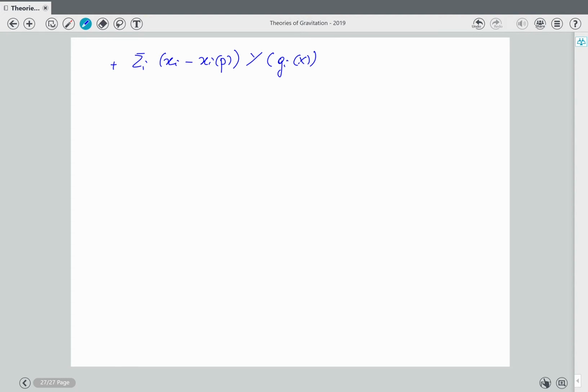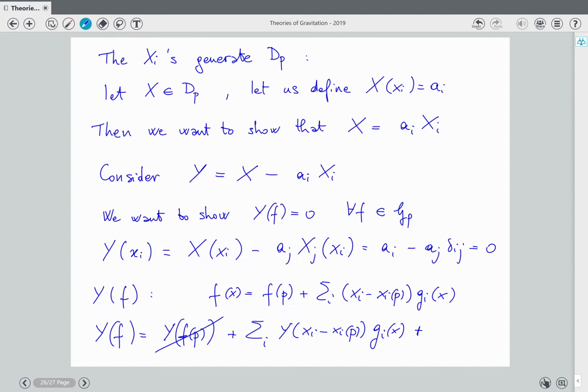So it's important to know that gi of x are C infinity functions, because that allows us to do that.